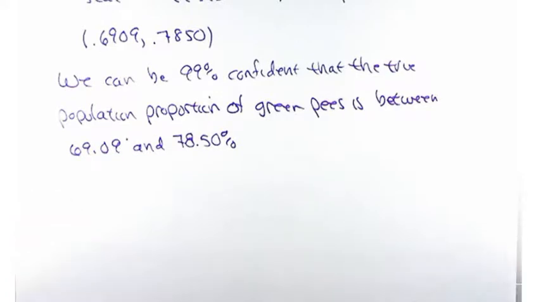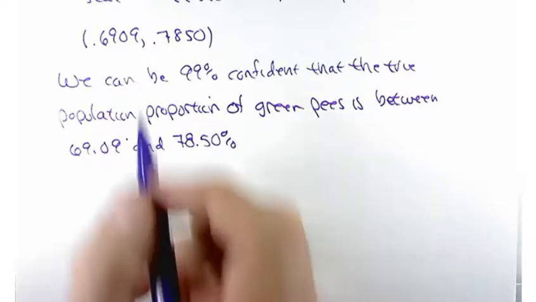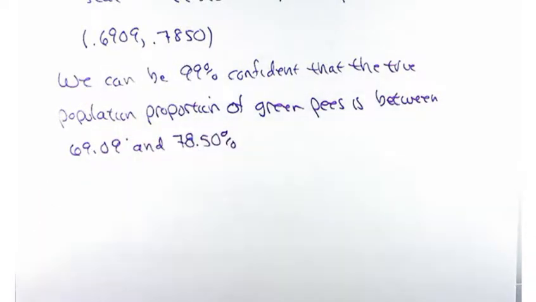So what it's saying is, we don't really know what that population proportion is, but we're pretty sure it's in this interval. We're 99% confident.